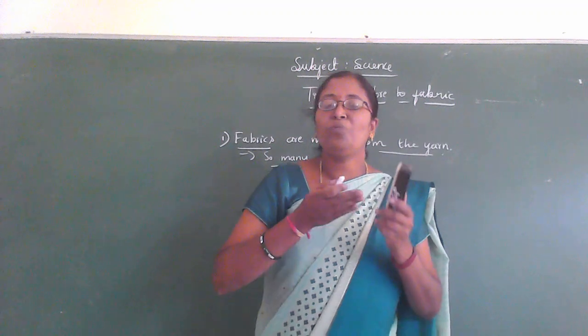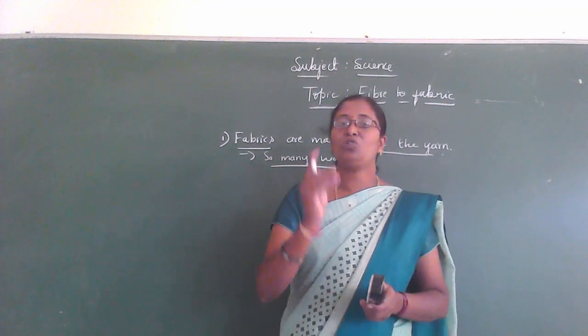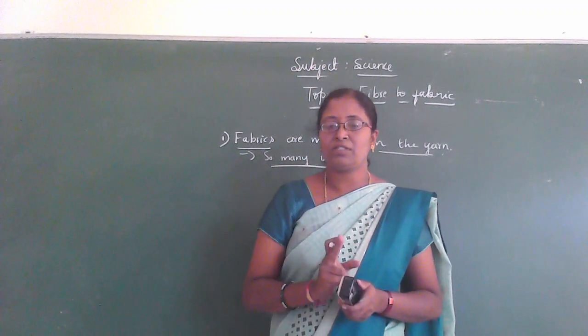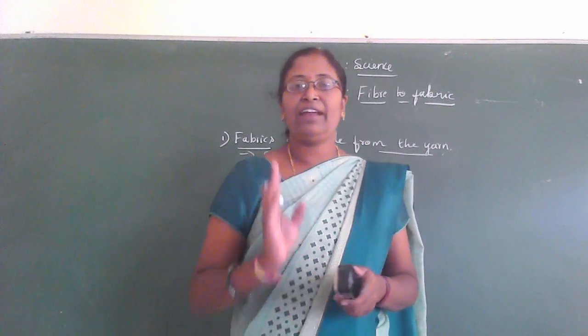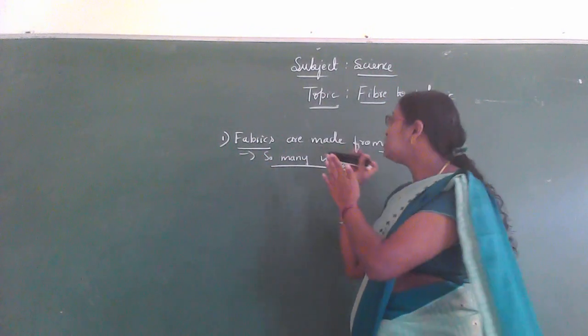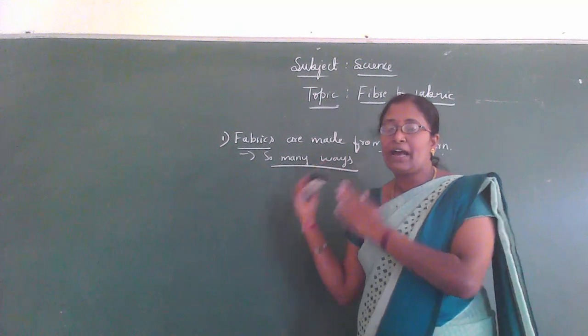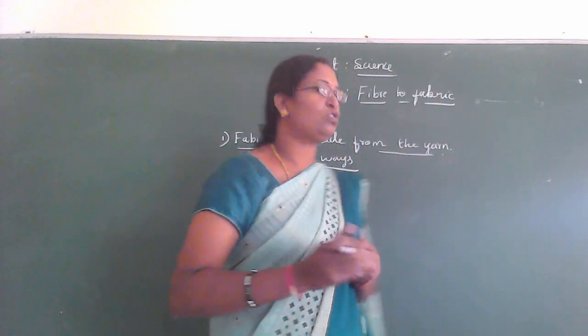So what are the two main processes? The two main processes are weaving and knitting. Children, so it has two main processes.